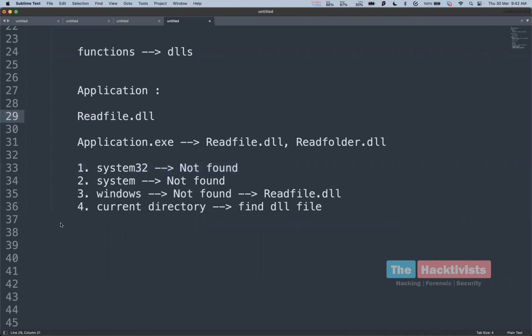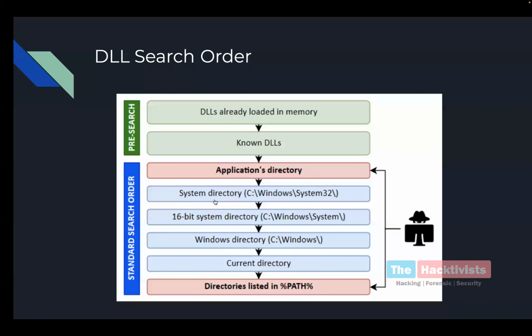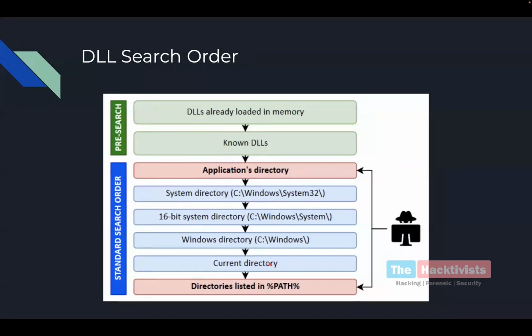We will take our malicious DLL and put it into that place. This is where we utilize that prioritization. We make sure it is looking into this particular directory, we keep our malicious DLL there, and we check whether it is executing our malicious DLL or not.